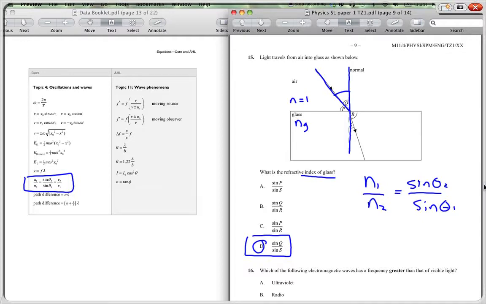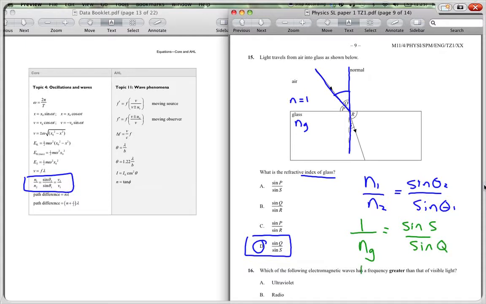But let's just put it into our formula to make sure. If we take this as n1, so n1, which would be 1, over n glass, is equal to the sine of theta 2, which is this one over here, the sine of S, over the sine of theta 1, which is Q. Then we've got to do the inverse of it.